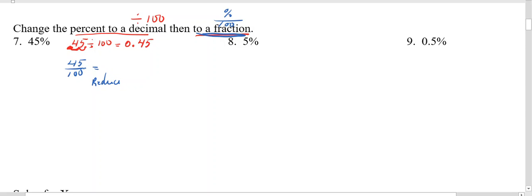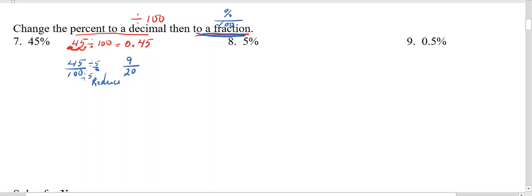I'm going to look at what goes into 45 and what goes into 100. And I can see that 5 goes in it real easy. If you can see something else, that's great, go ahead and do it. My brain's not thinking that way tonight, so I'm just looking at it here. 45 divided by 5 is 9. 5 goes into 100 20 times, and the way I look at that is I know there's 5 twenties in $100.